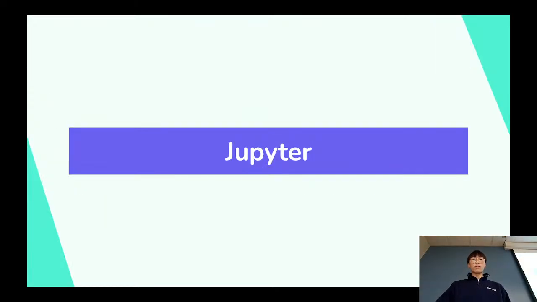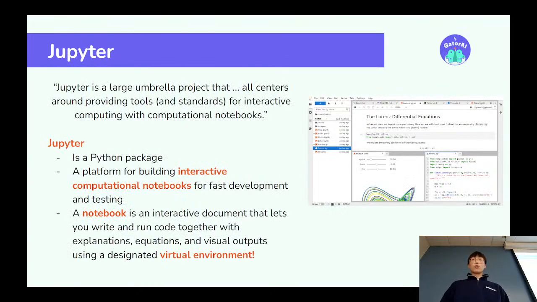So let's start with the first Python package that we're going to be looking at, which is Jupyter. Jupyter states that it's a large umbrella project that all centers around providing tools and standards for interactive computing with computational notebooks. The main idea of Jupyter is it's a platform for rapid development and testing of Python code, essentially. And they use what are called interactive computational notebooks for this.